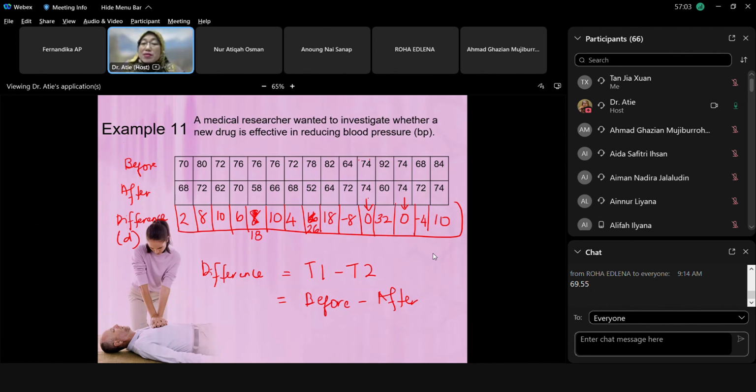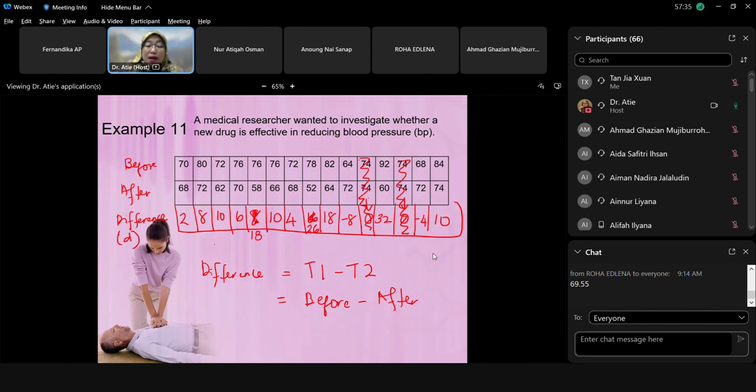We already know that these two have no difference, so it defeats our purpose of doing the t-test. So any zero differences, we need to remove from our data set because they are not suitable to be analyzed. We already know it. So you need to cancel that one out for these two data.